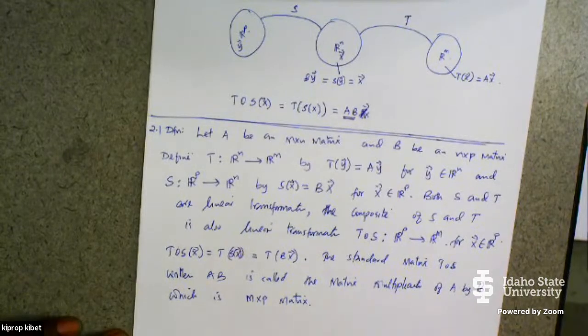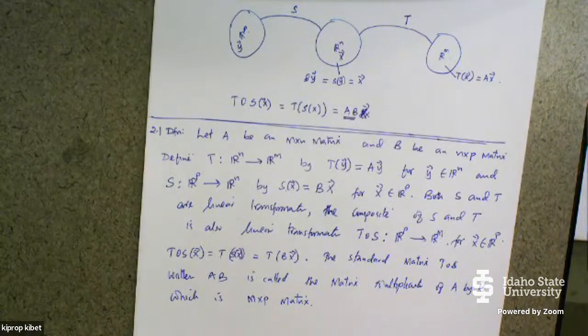What it means is the number of columns in A should be equal to the number of rows in B for this to be defined.